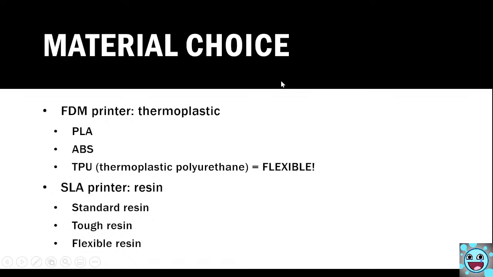And then we have the choice of materials. For FDM printers, it is usually a thermoplastic material. It means the material is solid, and then you can melt it when it reaches a certain temperature, during which it will be extruded and formed into a model.